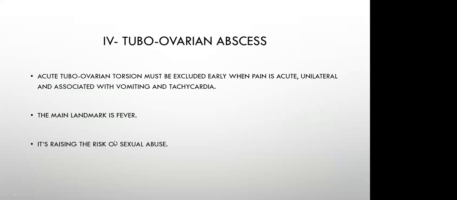Now, the next is possibly tubo-ovarian abscess. And it's extremely rare to find a tubo-ovarian abscess in a young age or adolescent patient, unless in the exam, if you have the same scenario, believe me, you don't have any options rather than sexual abuse.